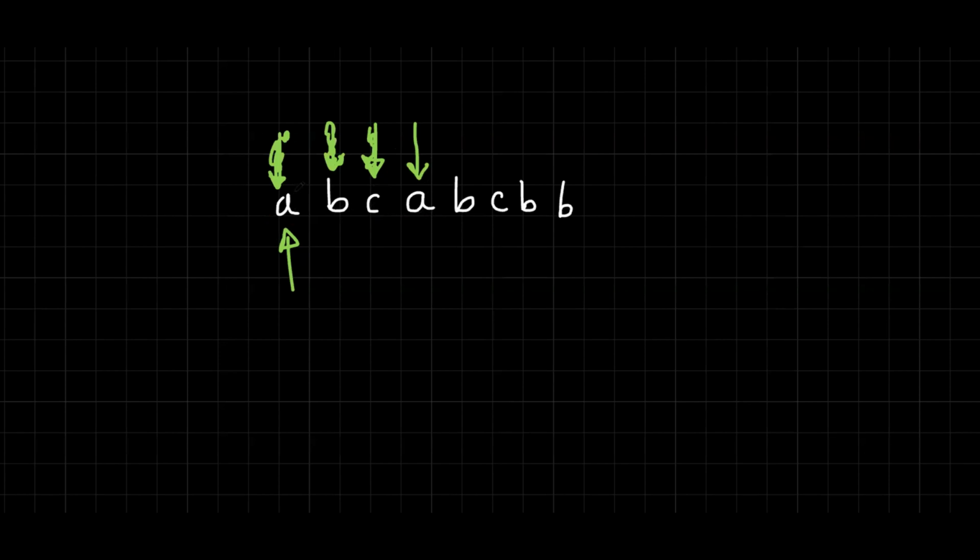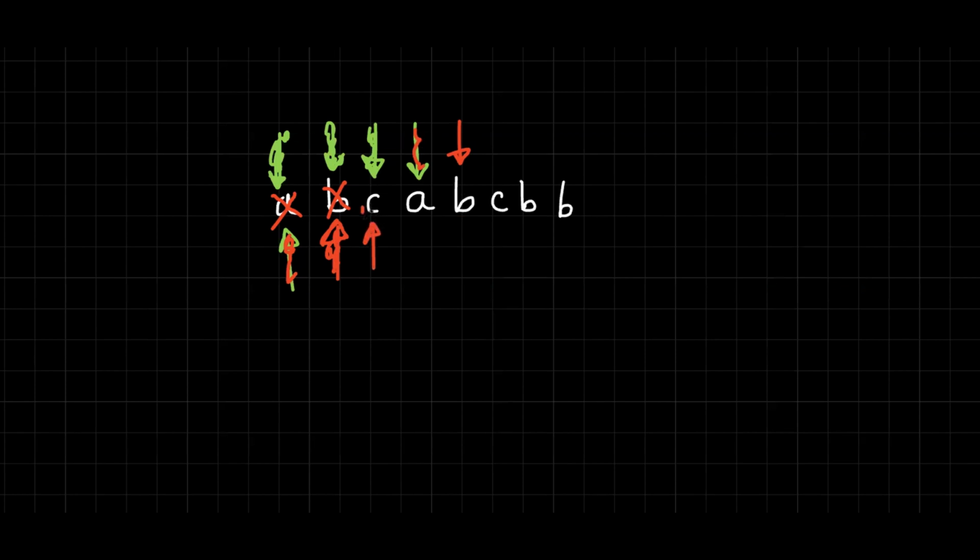So here, we have to discard the first A and shift the left pointer, or the starting pointer, to the B. Now this BCA contains all unique elements, so we shift our ending pointer to this B. Now BCAB contains two Bs, so here we have to discard this B as well. Now we have to shift our pointer here.